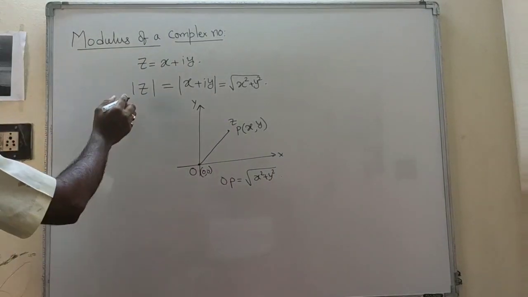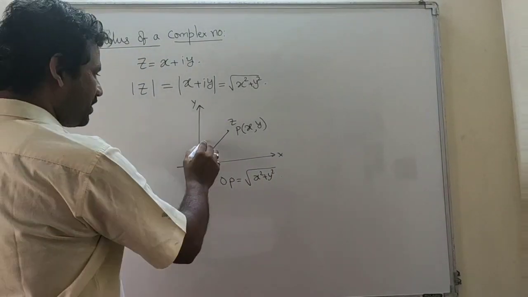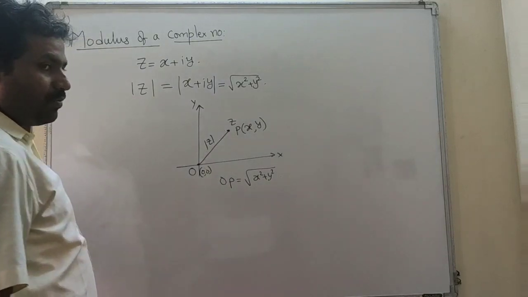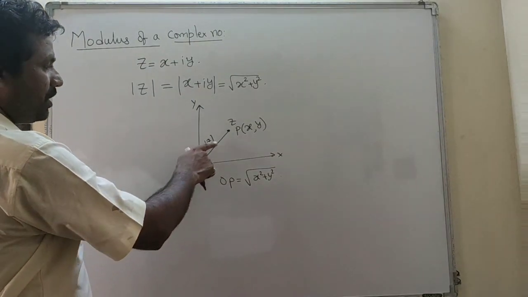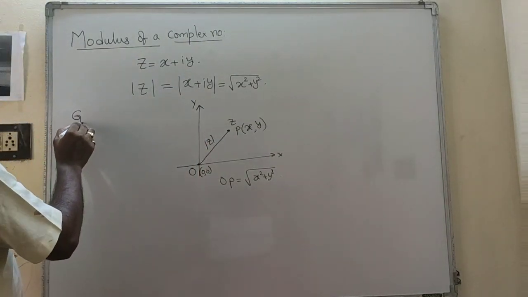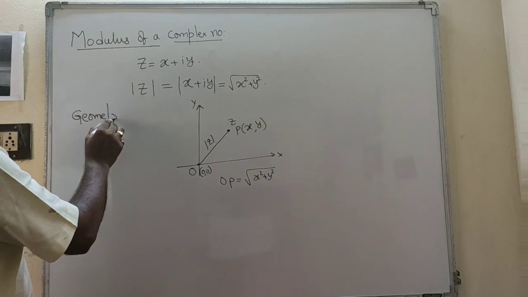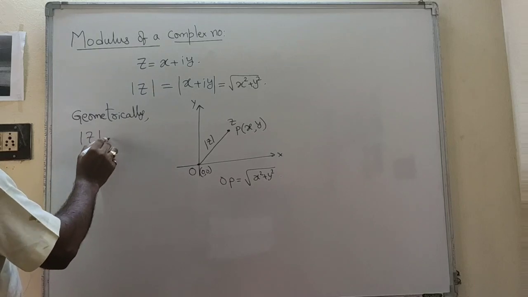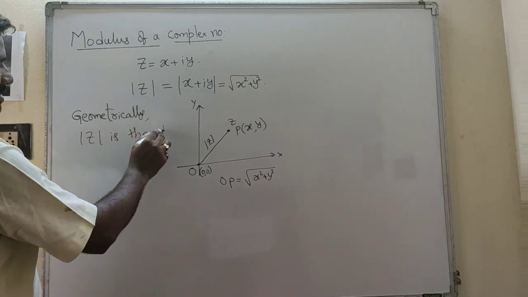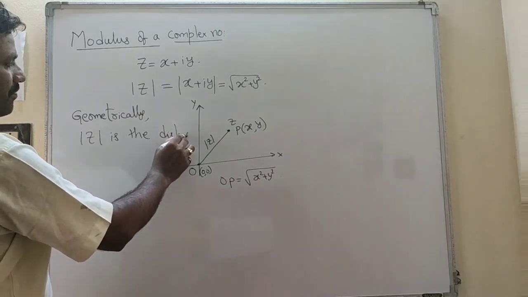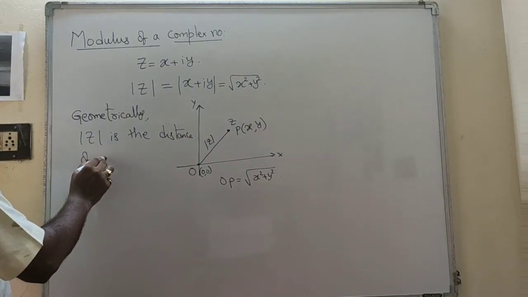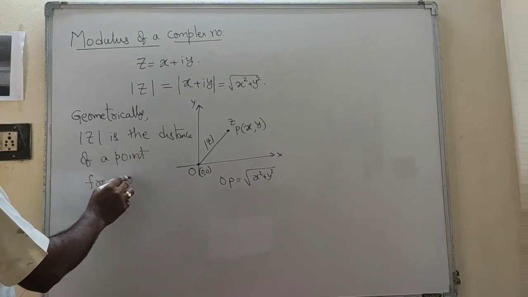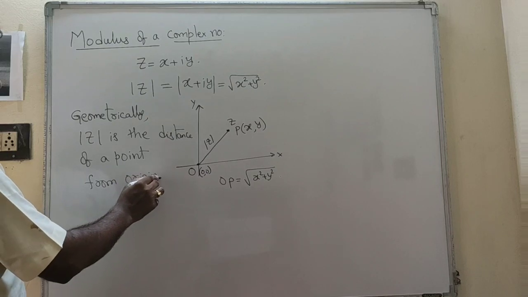That means mod z geometrically is the distance from origin to a point. Mod z means the distance of a point from origin.